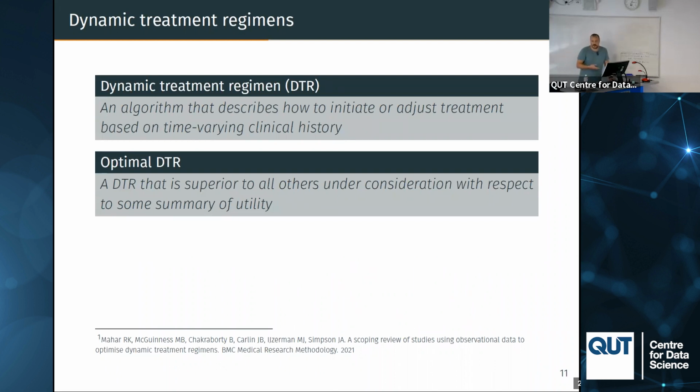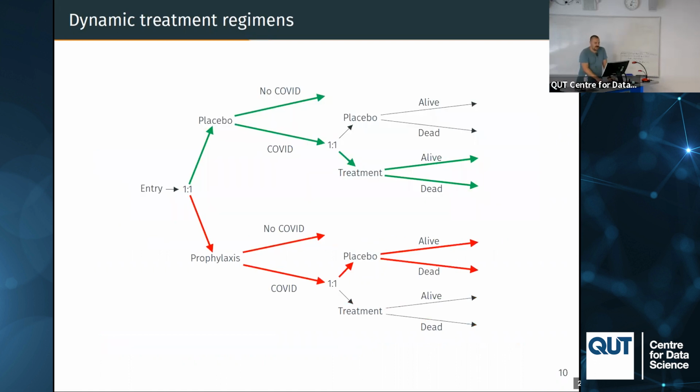So what do we mean by optimal dynamic treatment regimen? It's just one that's superior to all others under consideration, and that's with respect to some summary of utility. So that's a pretty general definition. We can have a marginally optimal dynamic treatment regimen or a conditionally optimal one, and by that I mean a marginally optimal one will look at the value of that green regimen, for example, over the course of the regimen, and then a conditionally optimal regimen will be one that's optimal for individual patients.